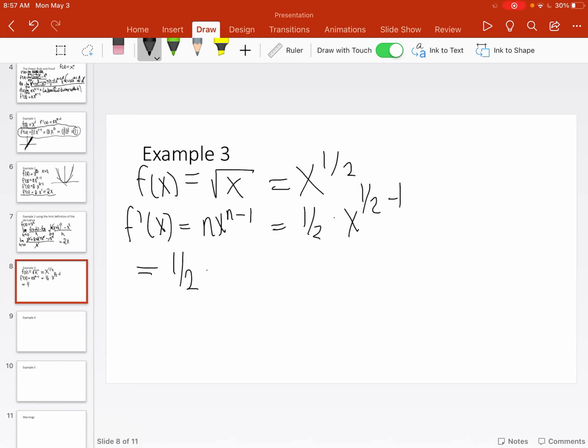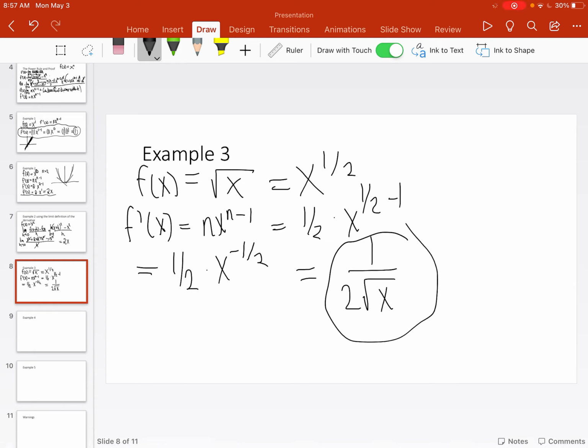We get 1/2 times x to the negative 1/2, because 1/2 minus 1 is negative 1/2. If we simplify, all we get is 1 over 2 root x. This is our derivative, because x to the negative half becomes 1 over root x, multiplied by 1/2.